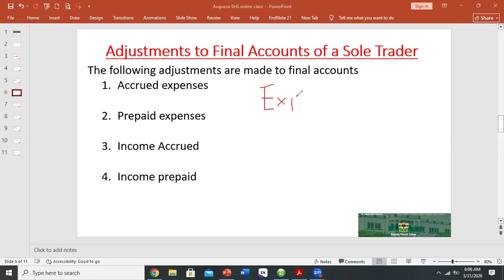The expenses could either be accrued or could be prepaid. And we can say same for the income, which can also be accrued or prepaid. Now, I want to believe we all appreciate what expenses are and what income are. And so let's pick the first one, which is accrued expenses.